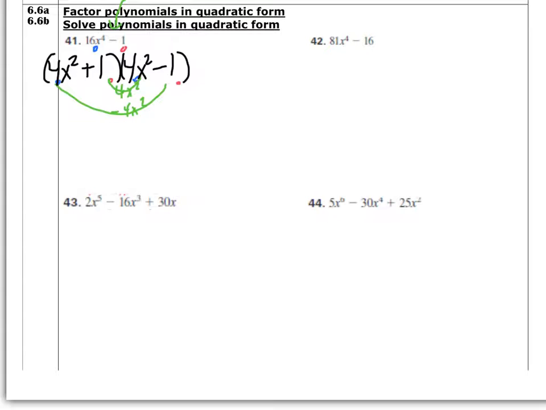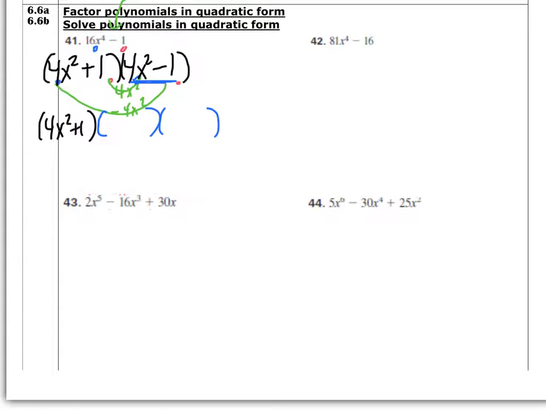Now, this is the first step of factorization. Unfortunately, one more of these can be factored. This second term can be factored into another binomial. So let's keep the 4x squared plus 1 as being done, and then I'm going to break the other one up into two more binomials.